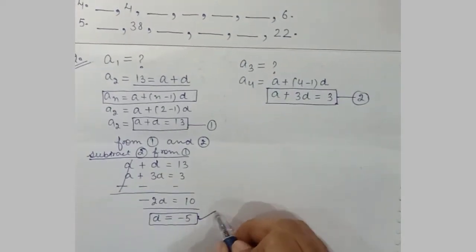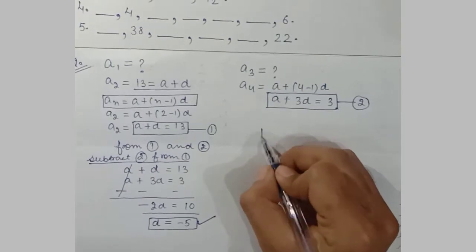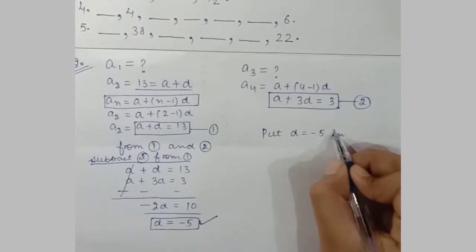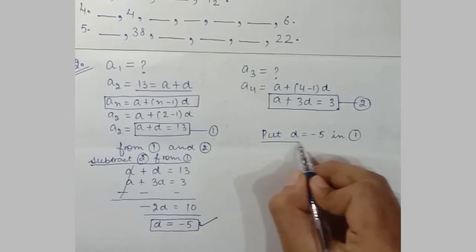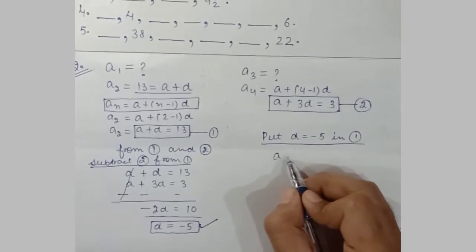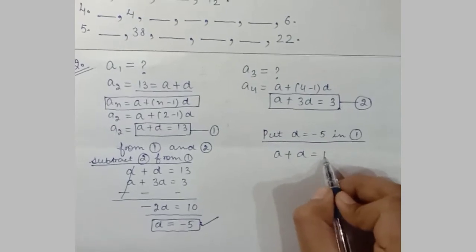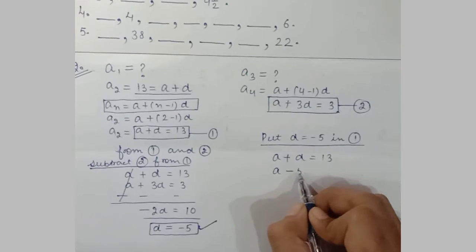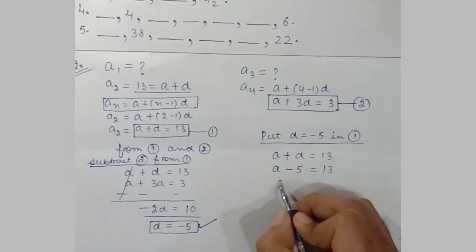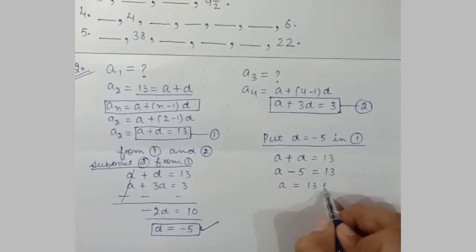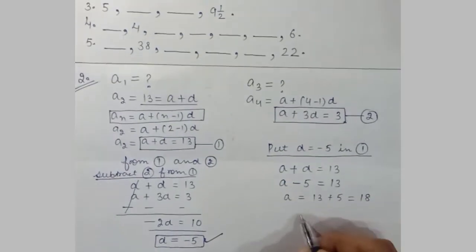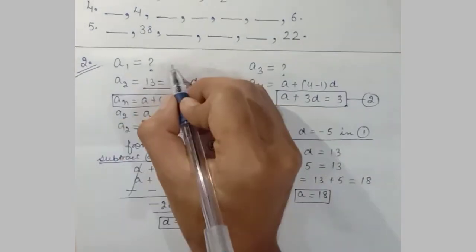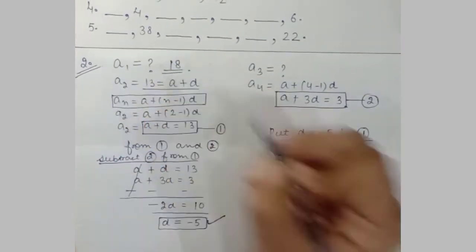Now put d is equal to minus 5 in the first equation, we get a is equal to 18. The first term is 18.